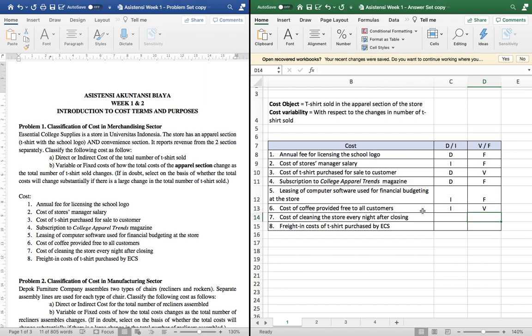When we increase the number of t-shirts sold, we also have to incur more cost for the coffee provided free to all the customers. And the seventh cost is cost of cleaning store every night after closing, also indirect and fixed. And the last one is freight in cost of t-shirt purchased by ECS, which is direct because it's for the t-shirt only and it is variable.